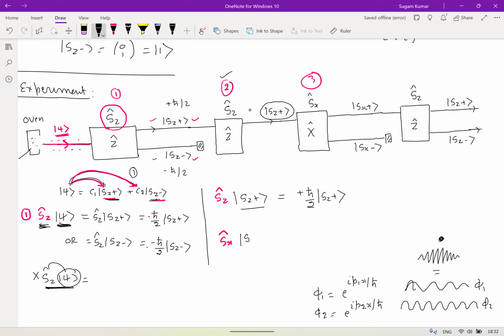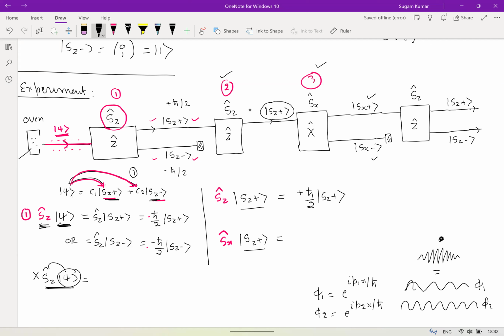Okay, sir. Good. So now you see, I'm at the third stage. So let's look at why you are getting again Sx plus and Sx negative. So here this Sx is operating on the Sz. Now since this Sz is not an eigenstate of Sx, what do we do? We must express Sz as a linear combination of eigenstates of Sx.